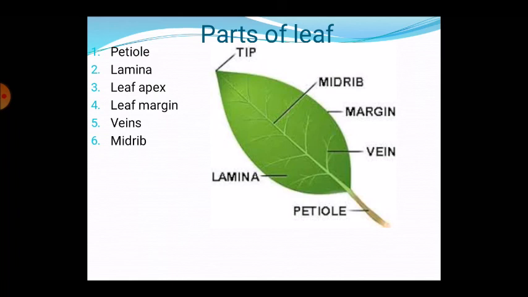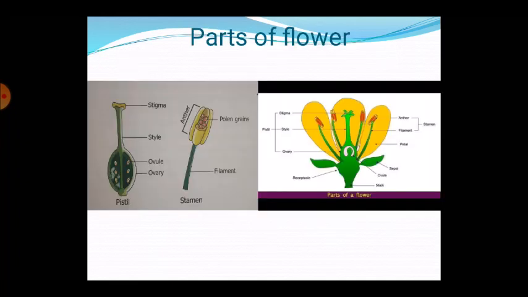The midrib and the veins act as the skeletal framework of the leaf. They help to transport water and minerals to every part of the leaf and food from the leaf to other parts of the plant.